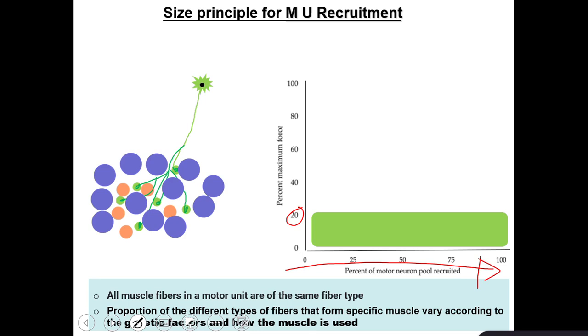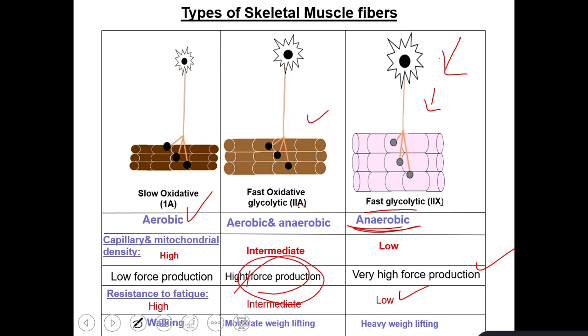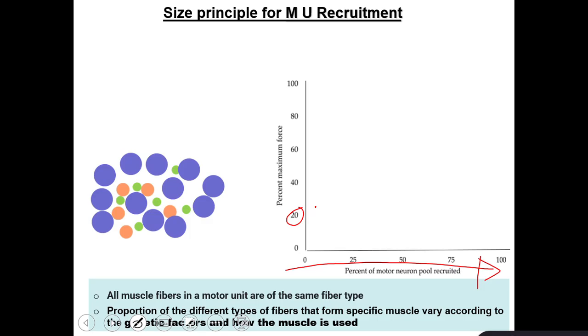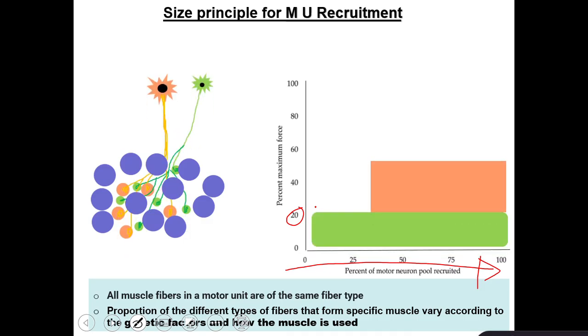Now you are starting to work out more strongly. So you will recruit the medium size ones, the fast oxidative glycolytic, the ones that are type 2A, the intermediate size ones, and now they are active.